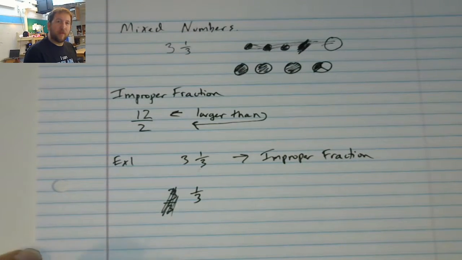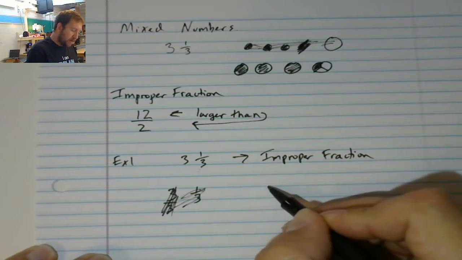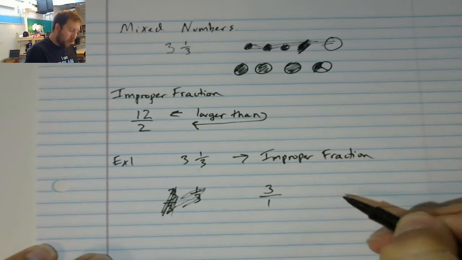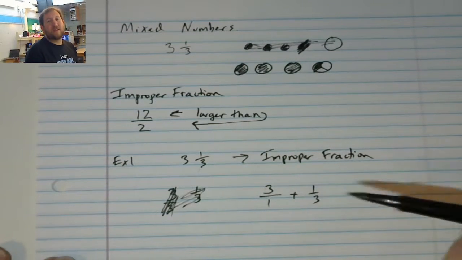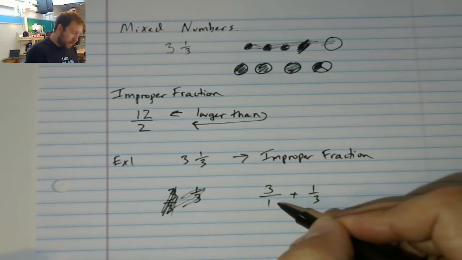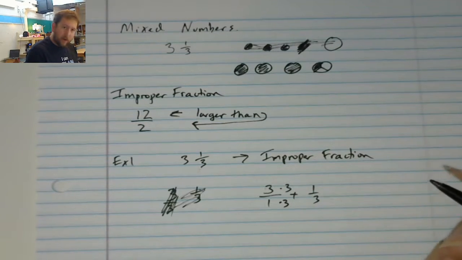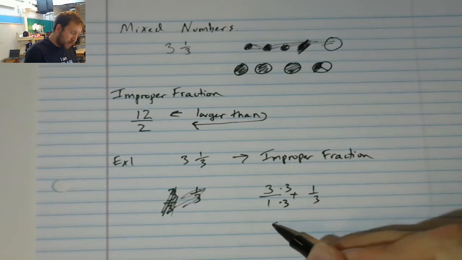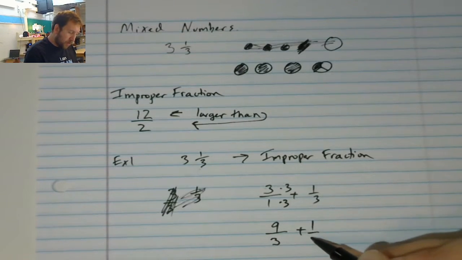But if I want 3 on the bottom, I can write my number again like this: 3 wholes plus 1/3. And I can use the same thing that I use for equivalent fractions to get this to be a 3 on the bottom, so I do times 3 times 3. This gives me 3 times 3 is 9/3 plus 1/3.